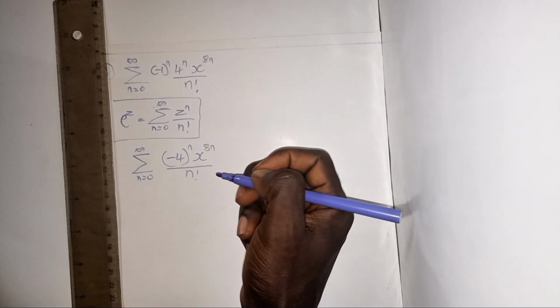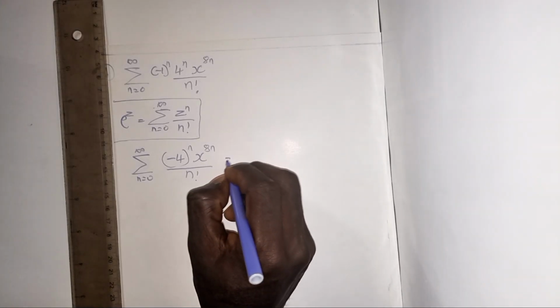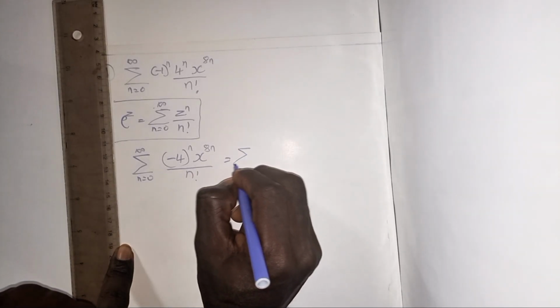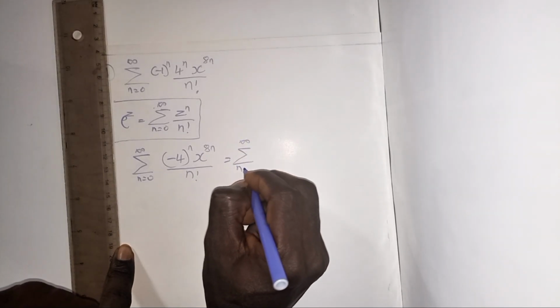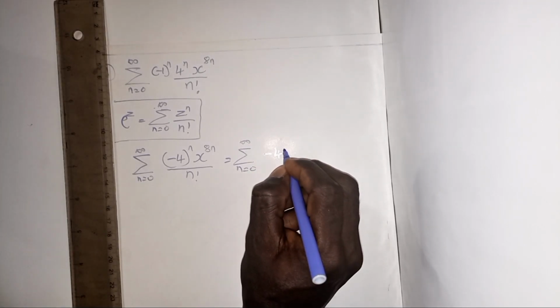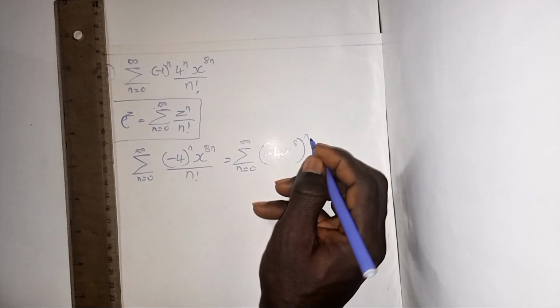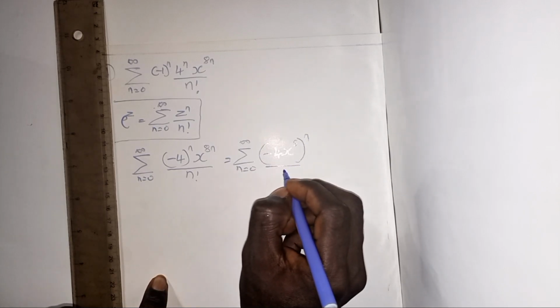I can also write this as minus 4x to the 8, all raised to power n, all over n factorial.